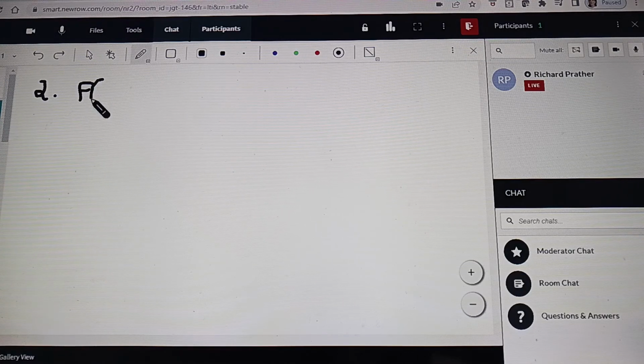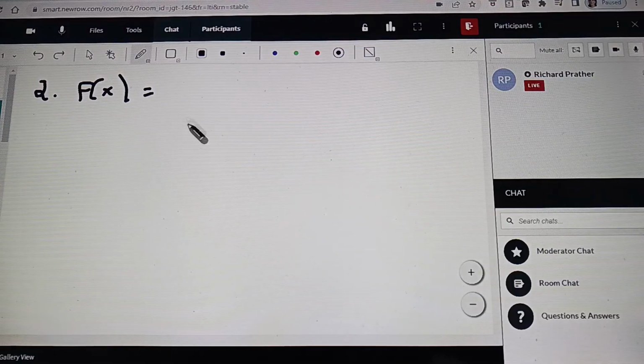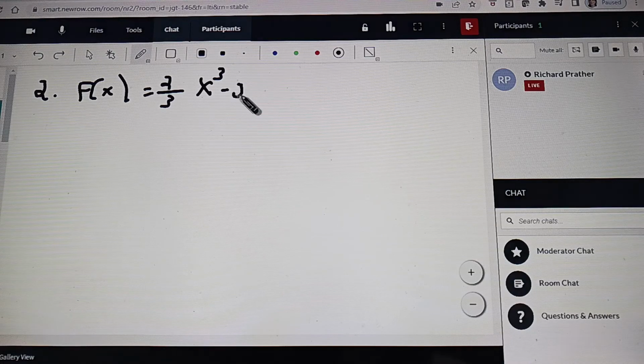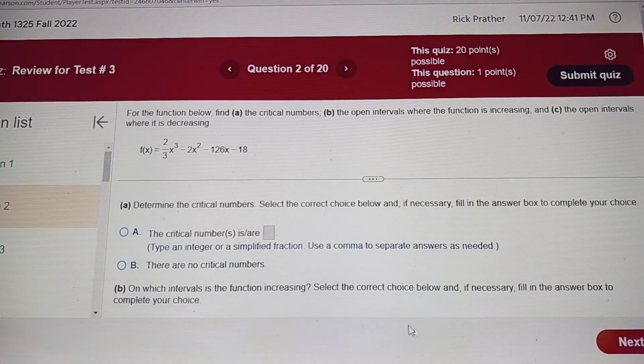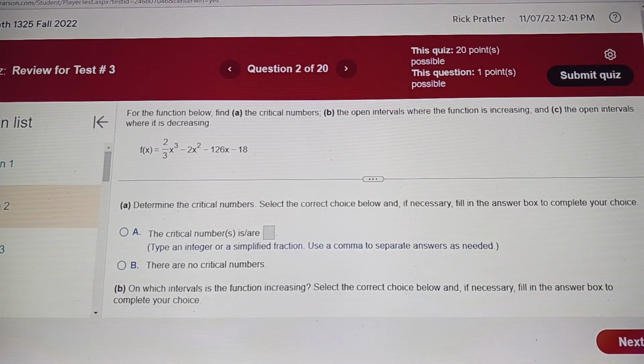So the original function had a 2/3 x cubed minus 2x squared minus 126x minus 18.